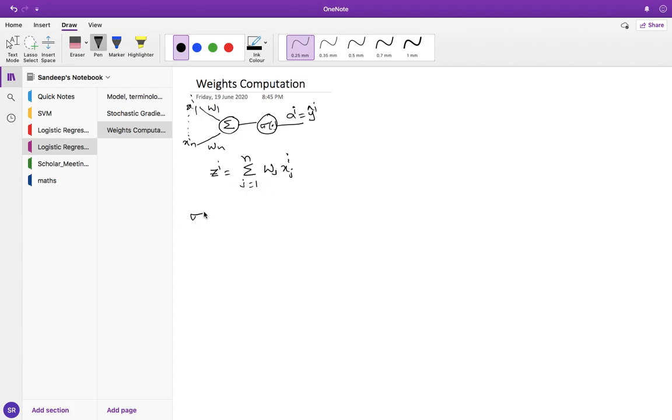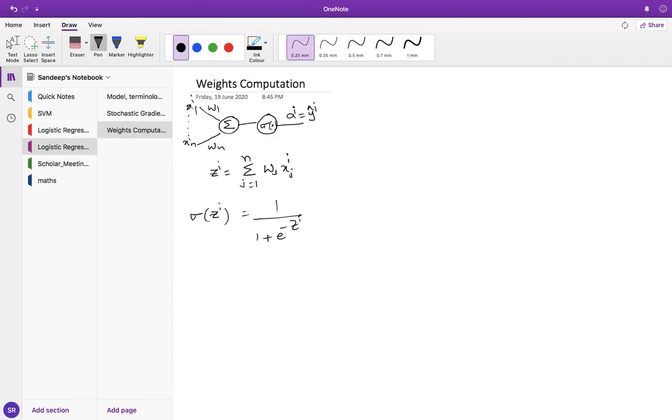So sigma of z, as we have seen earlier, is defined as follows. Sigma of zi for the ith input can be defined as 1 by 1 plus e power minus zi.